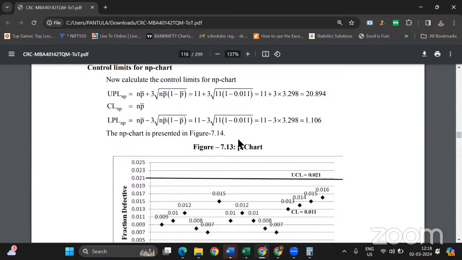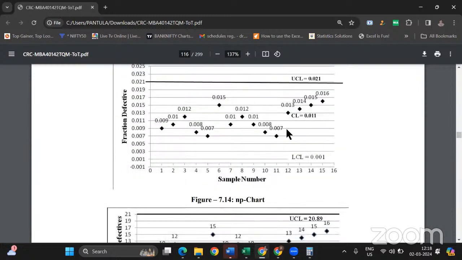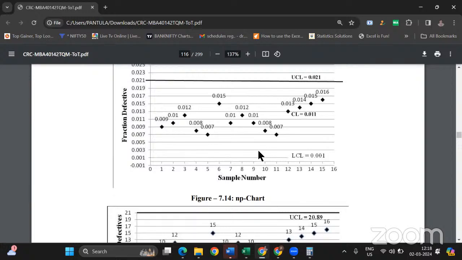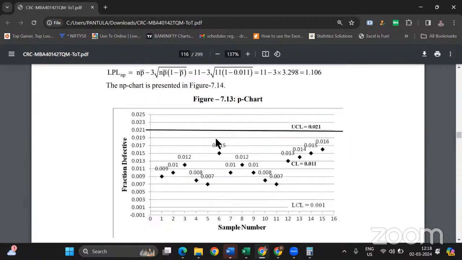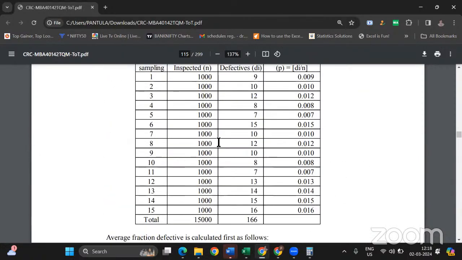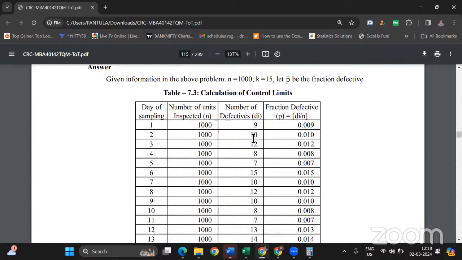Now we see these values on the NP chart. The UCL is 20.84. The number of defectives are 9, 10, 11, 10, 12, 8, 7. These are the NP values, in this column.